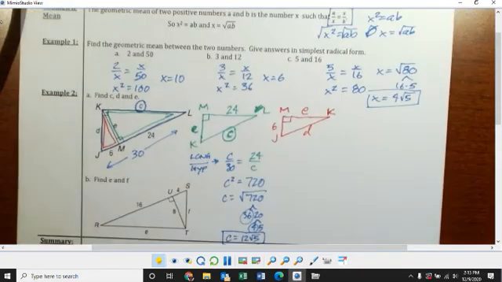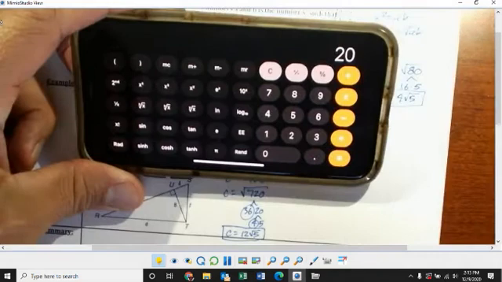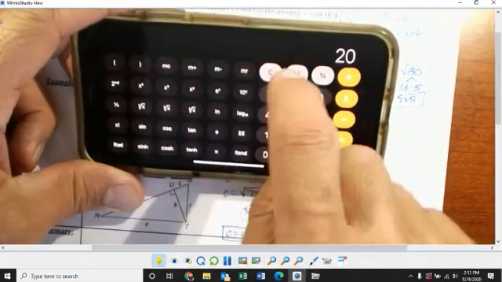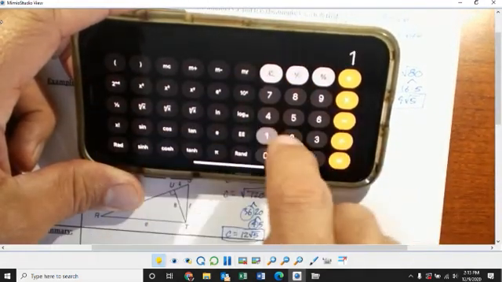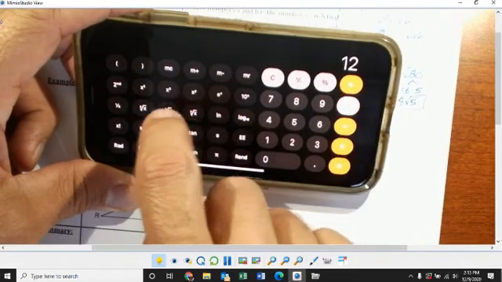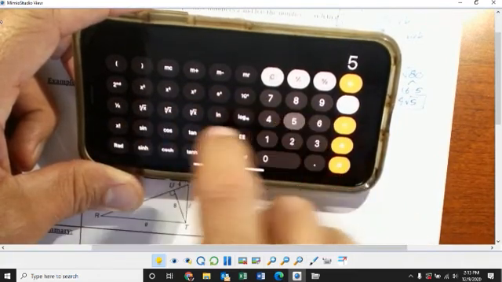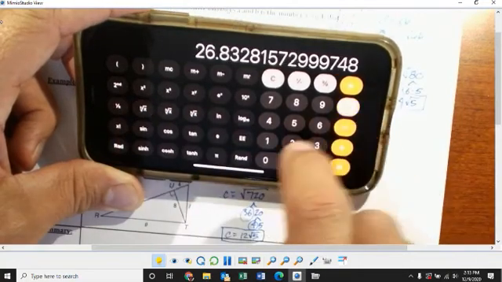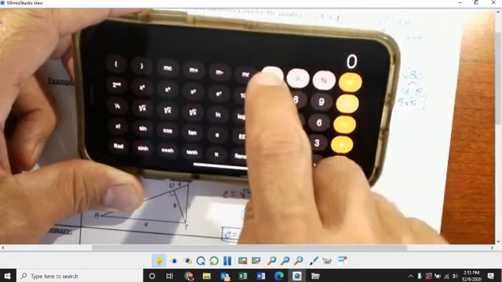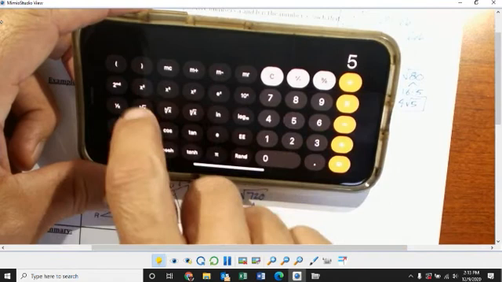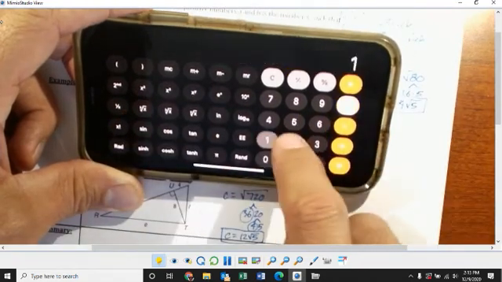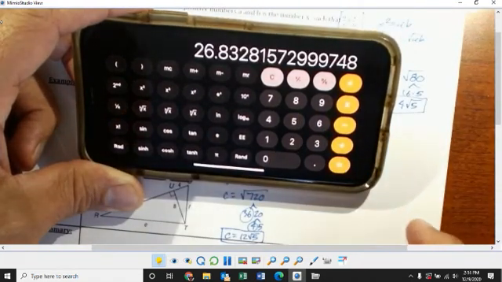That's my C. Let's check: 12 times the square root of 5 gives me 26.8.